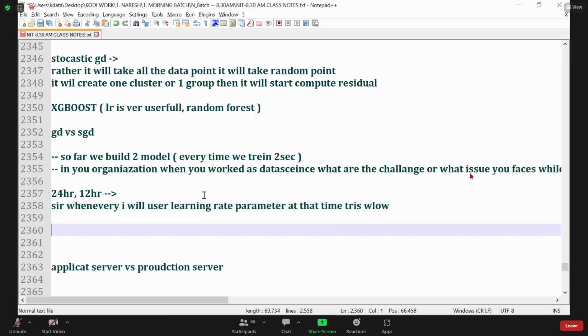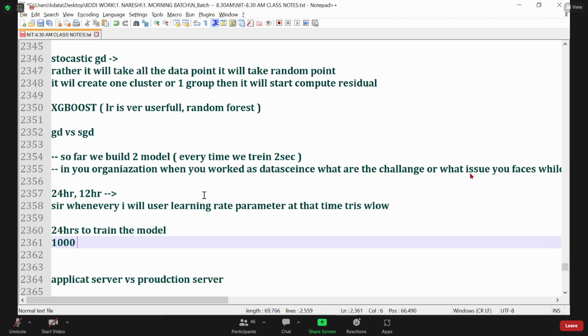And I remember it took me one day, 24 hours, to train the model. Yesterday, while we built simple linear regression, training the model required how many seconds? 2 seconds. When we pass the learning rate, it will take 24 hours, because if you have 1,000 records, every record will pass through and slow down, calculating the cost function.